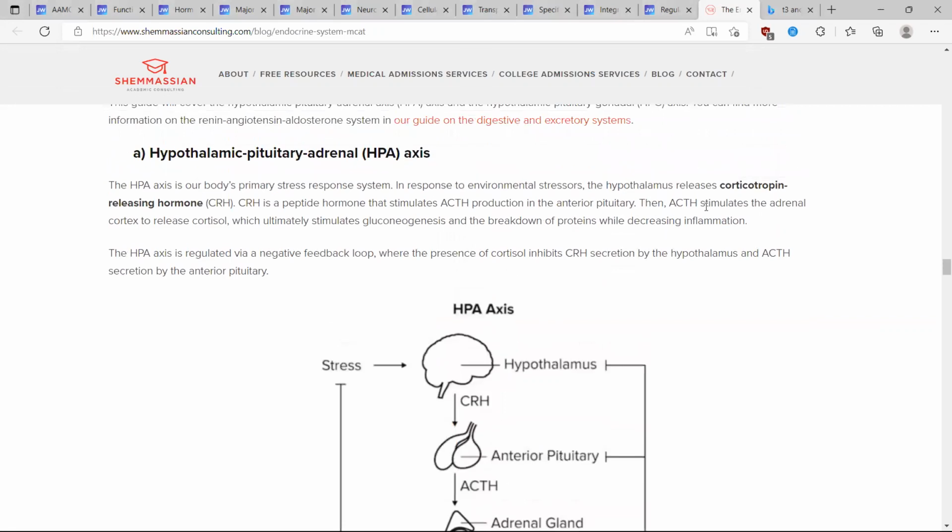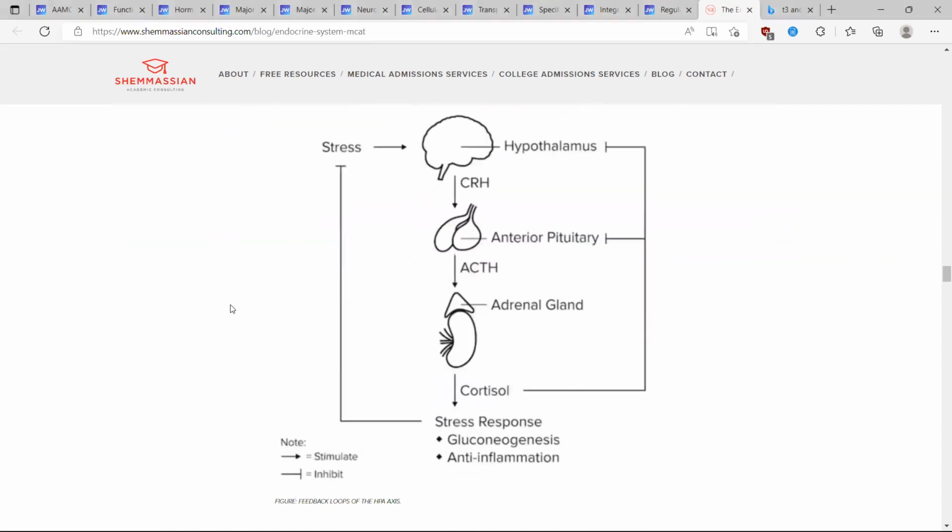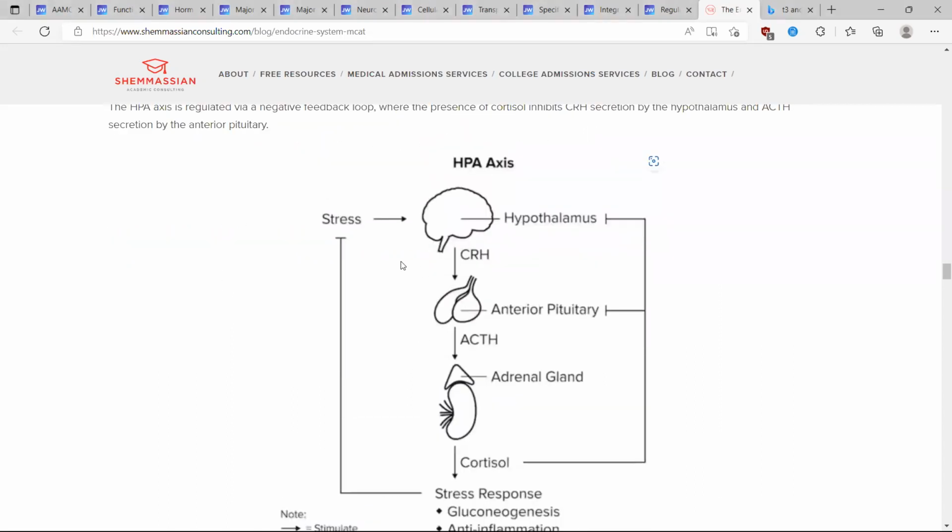And so now here's another really important thing. This whole thing is a feedback system, right? It's all a feedback system. In this scenario, the stress is causing this stuff to happen. You can see the arrows, right? The arrows are pointing, meaning it's activating this.